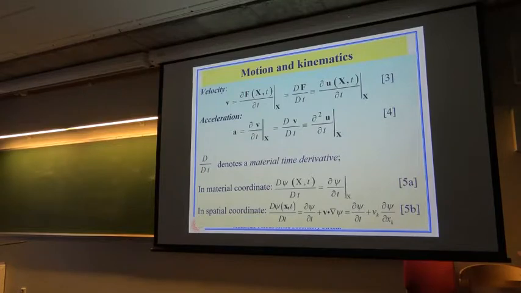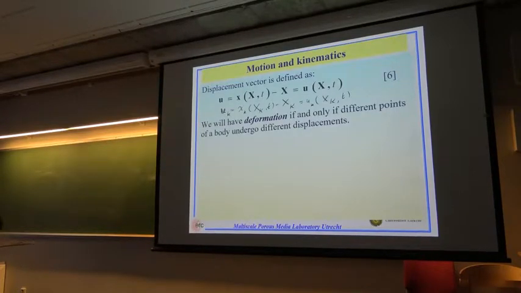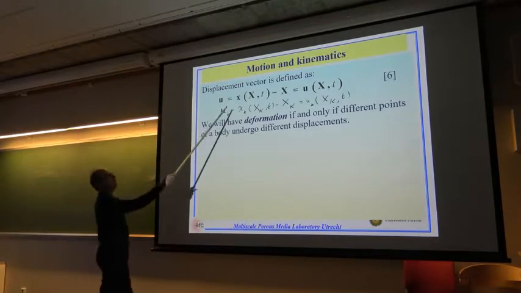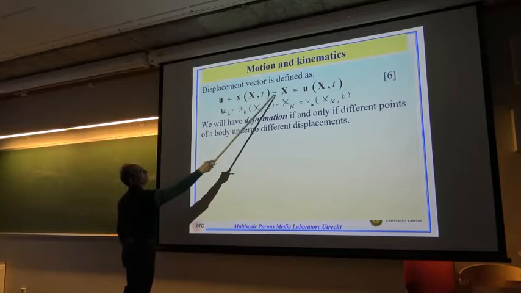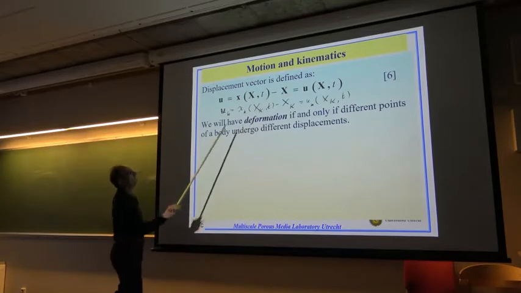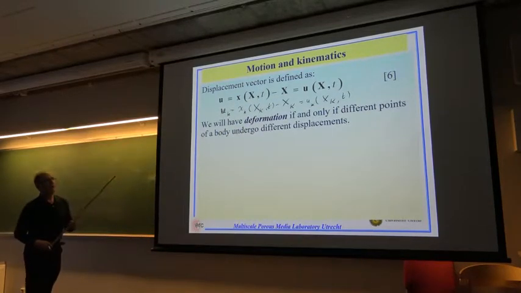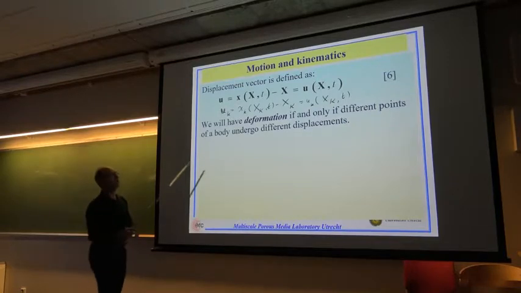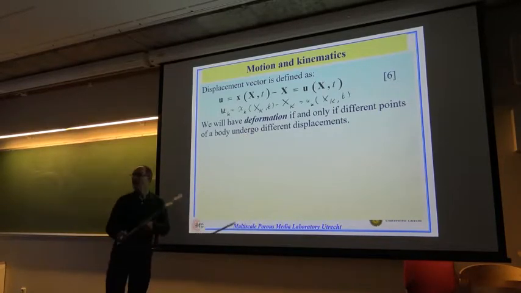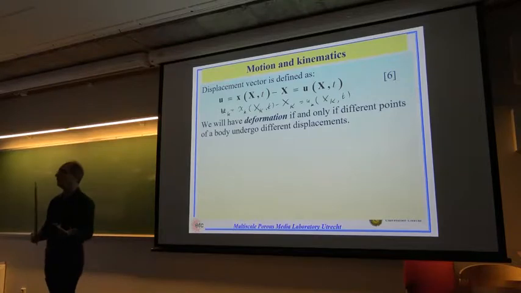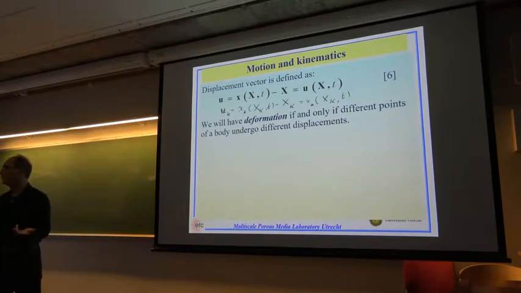Okay. Now, we define the displacement to be the new position minus the original position, and we will have deformation only if these u's are different for different points, if there is a gradient in u.